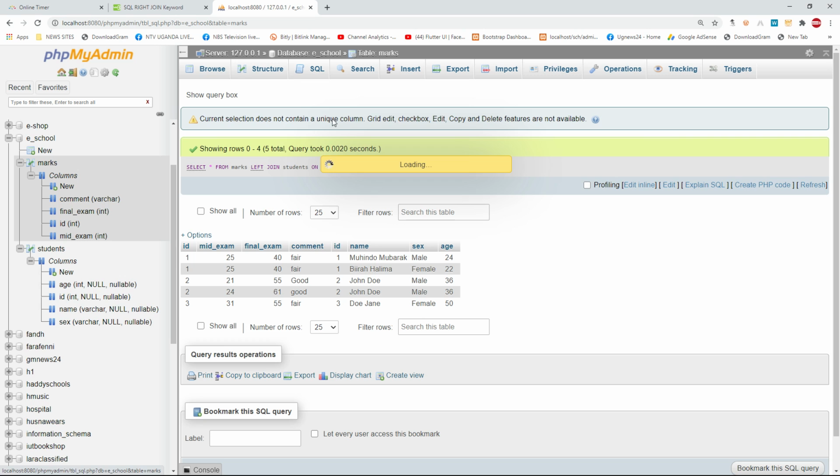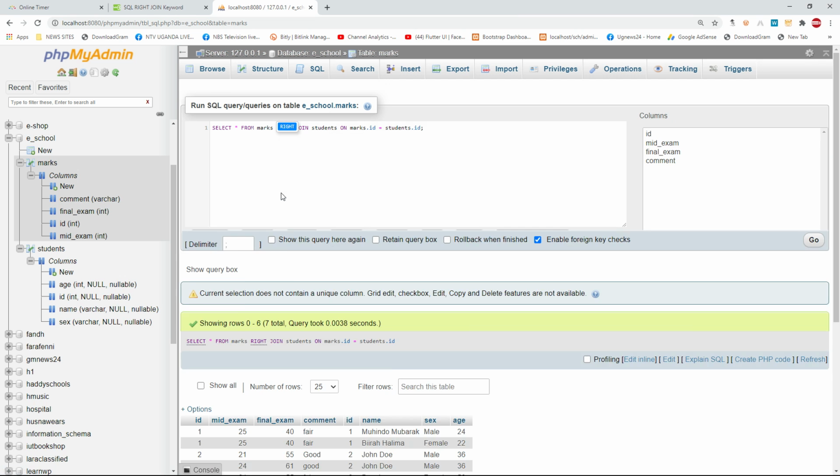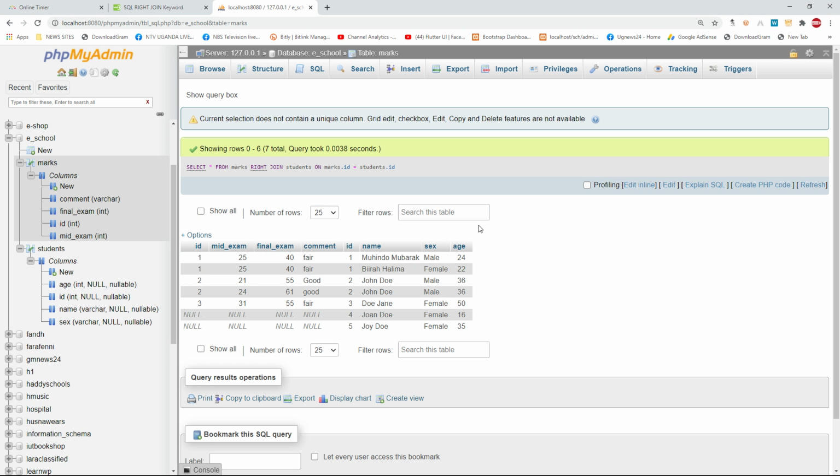So come here to SQL and then put here right join. Oh yeah, you see it has brought everything, but those values which are missing, it has created that Cartesian product.